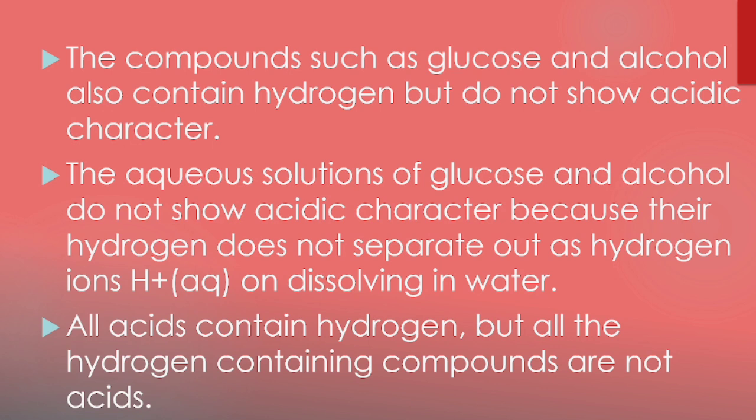Because of the presence of H plus aqueous or hydronium ions, they show acidic properties. But other hydrogen containing compounds like glucose, alcohol, etc., do not dissociate in water to form H plus aqueous ions, so they don't show acidic property.